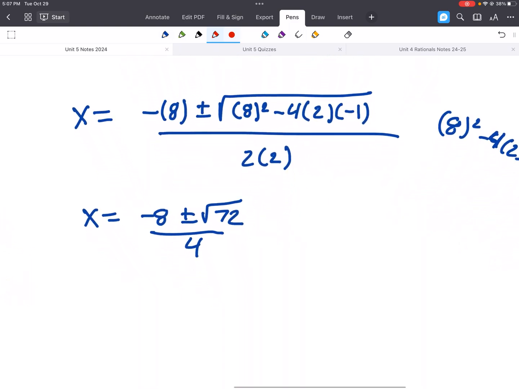It's not a nice square root, but we can do a factor tree. So again, start with 2's until you can't do 2's anymore. So we could do 2, 2 and 36. We could divide 36 by 2 again and we'd get 18. Divide it by 2 again and we'd get 9.